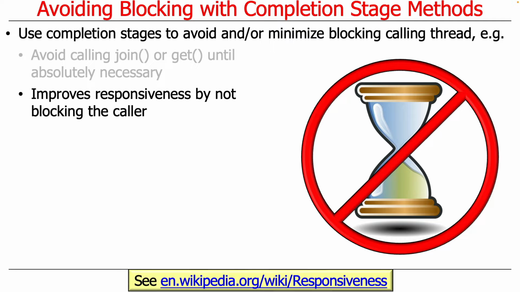Why do we not want to call join? What's the motivation for that? Well, by not calling join and by not blocking the caller, we can make the system more responsive. And remember, the purpose of responsiveness is to avoid this awkward situation where a calling thread performs an operation that runs for a while, and that calling thread is the user interface thread, and therefore the system becomes not responsive because it's waiting for the result to return and unable to be canceled or changed to do something else, or do some other completely unrelated operation that would not interfere with the longer running computation.